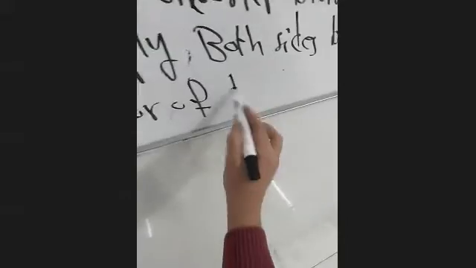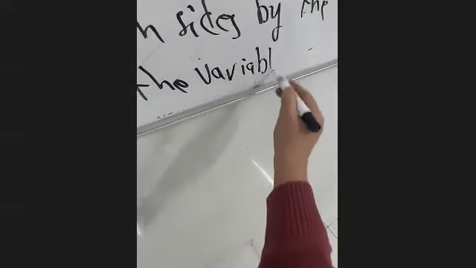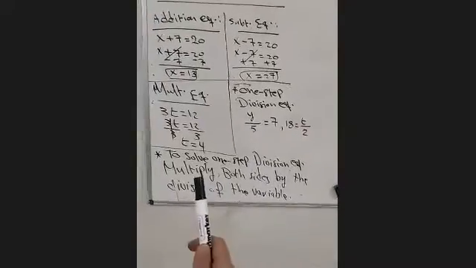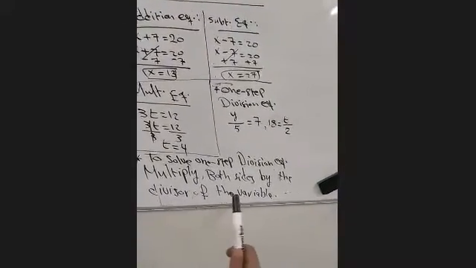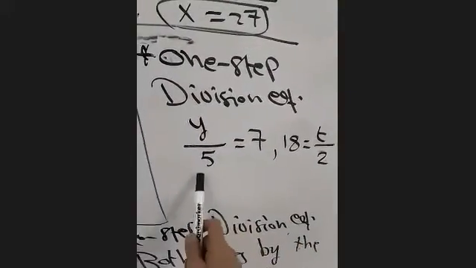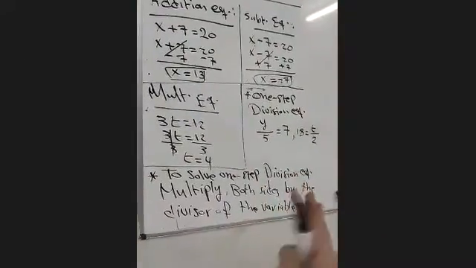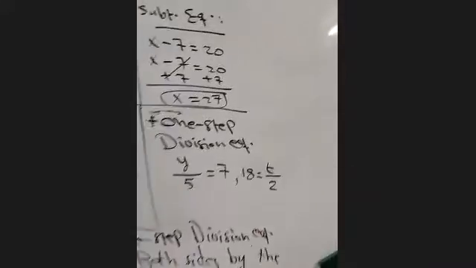Multiply both sides by the divisor of the variable. Here, where is the divisor of the variable? It is 5. And in the other, the divisor of the variable is 2. So to solve the division equation, we will multiply both sides. How? Let's do an example.